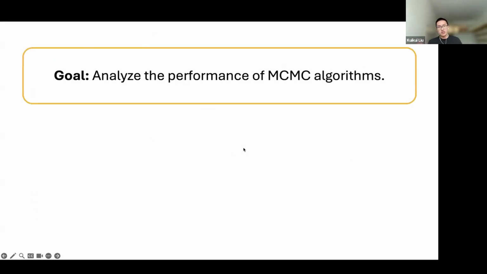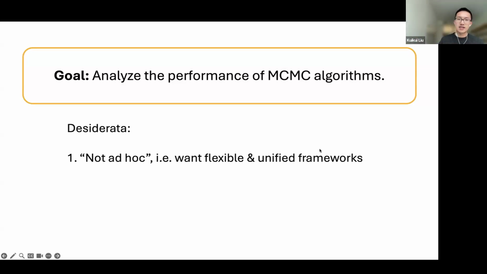Our goal is to analyze the performance of MCMC algorithms, and there are a few criteria we would like from our analysis. First, we would like the analysis to not be ad hoc. More precisely, we want some kind of flexible and unified framework that is capable of tackling a wide variety of Markov chains and sampling from a wide variety of distributions.